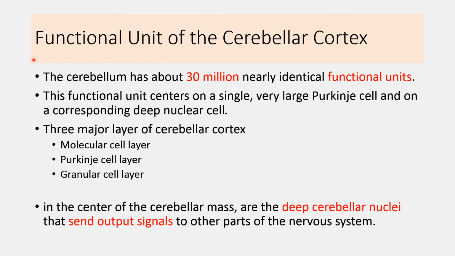So the functional unit contains various cells present in the cerebellar cortex that center on a Purkinje cell and the deep nuclear cell.